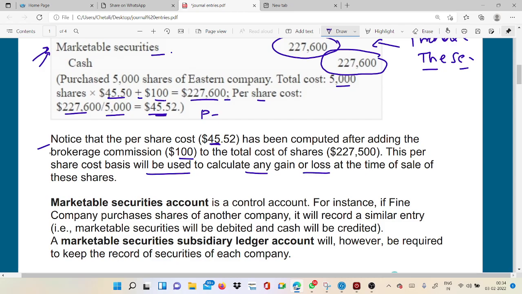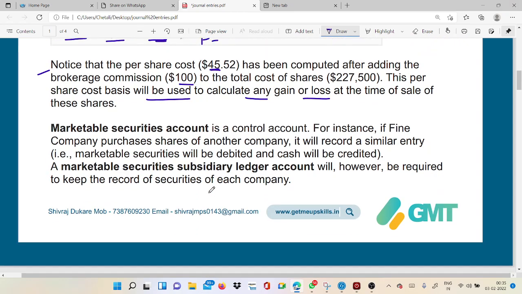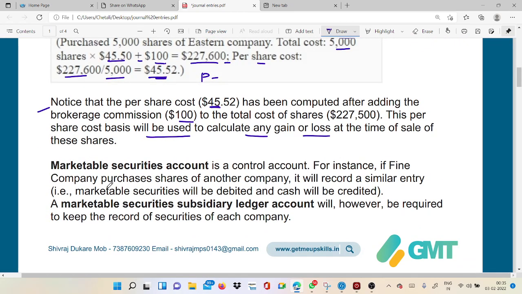When you sell the securities, then only we can compute the gain, whether it would be a loss or a gain, whatever it is. Otherwise we won't be able to calculate it, and we won't even have accurate profit and loss information about that particular transaction as well. Okay, so go ahead with that.